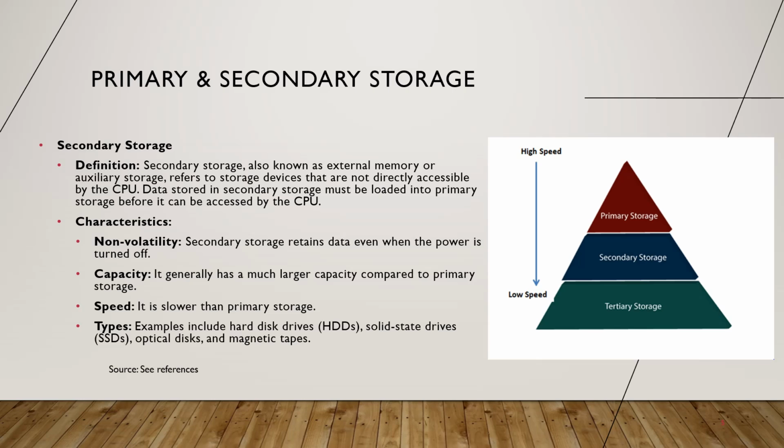It's non-volatile. Secondary storage retains data even when the power is turned off. Capacity. It generally has much larger capacity compared to primary storage. Speed. It's slower than the primary storage, and some of the types include HDDs, which is hard disk drives, and solid state drives, which are SSDs, optical discs, and magnetic tapes.